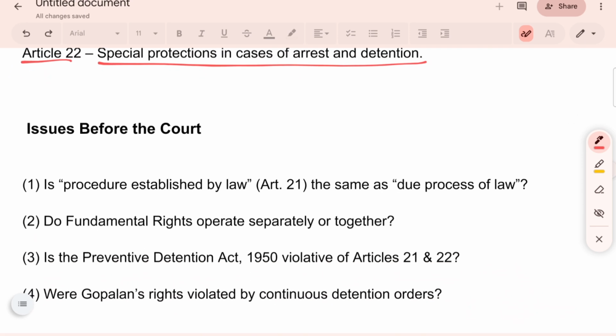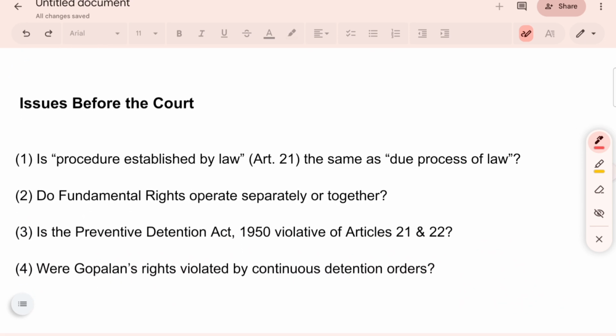Now, the issue that came before the Supreme Court was this: is procedure established by law under Article 21 the same as due process of law? Should this process be fair, just and reasonable, or is any procedure valid as long as it is passed by the legislature? Due process of law is followed by the American Constitution.